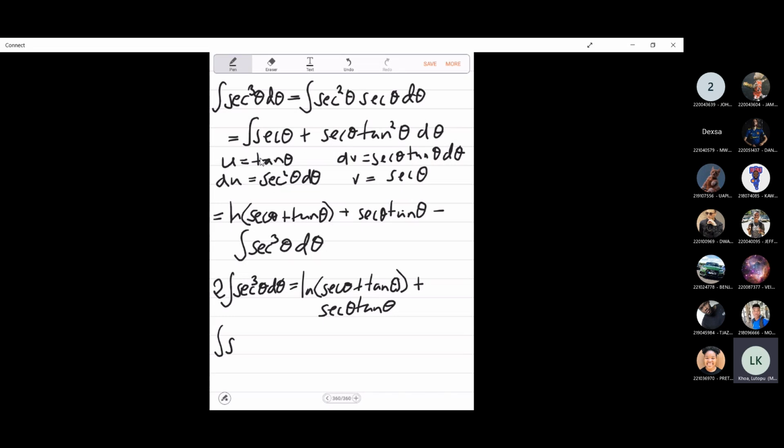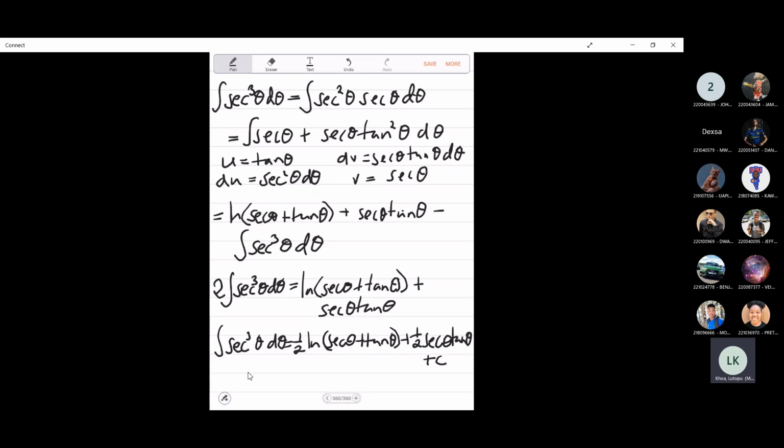So the integral of sec cubed theta d theta is equal to ln, there's a half here, ln of sec theta plus tan theta plus a half sec theta tan theta, and then you add your constant of integration. Then again, what we need to do is now rewrite everything in terms of x.